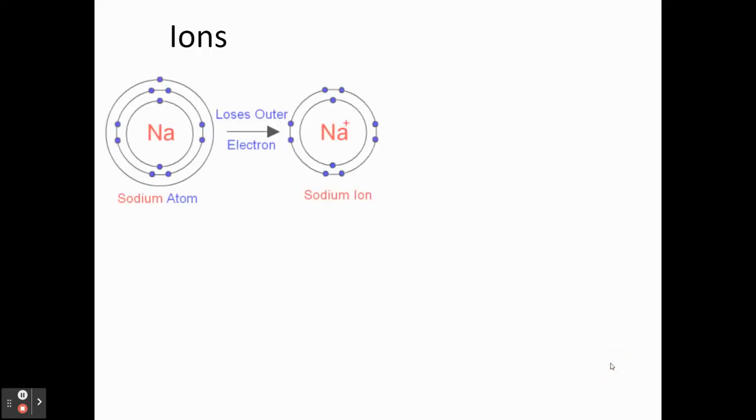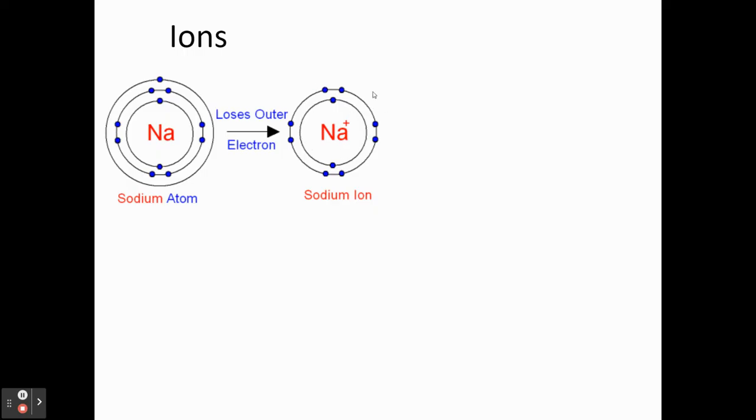Then this word ion. Ions are extremely important in biology, and all an ion is an atom with a charge. So sodium is neutral, and it's called a sodium atom. It has its full number of electrons. There's that single valence electron. It loses the outer electron. It now becomes charged.